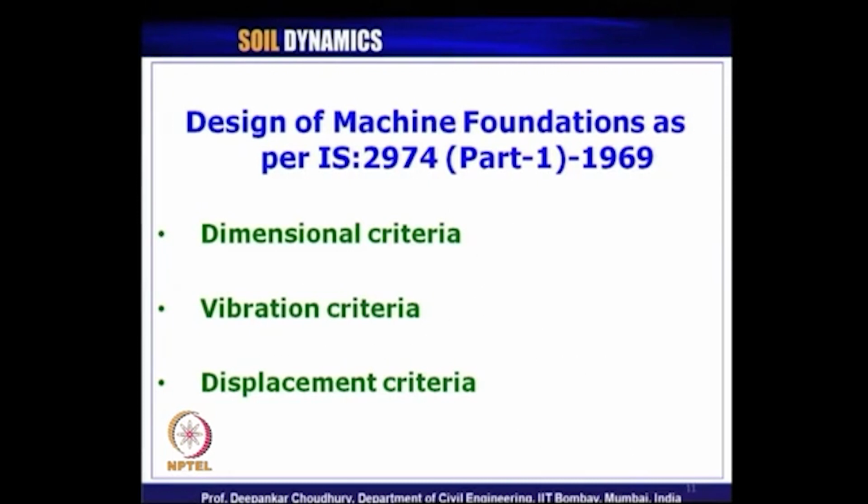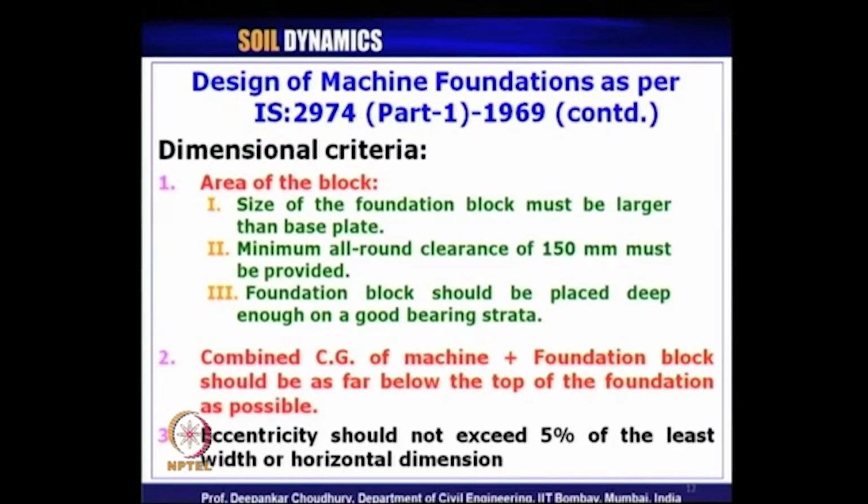As per the Indian Design Standard Code IS 2974 Part 1, three basic criteria have to be satisfied for the design of machine foundation: dimensional criteria, then vibration criteria, and then displacement criteria. In case of dimensional criteria, we have seen how to select first the area of the block foundation.